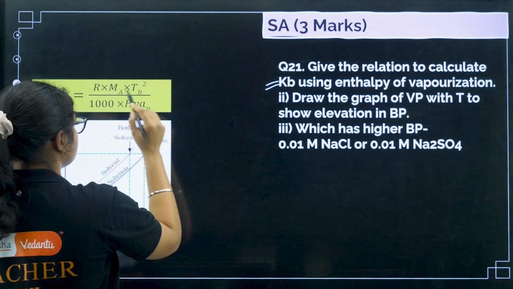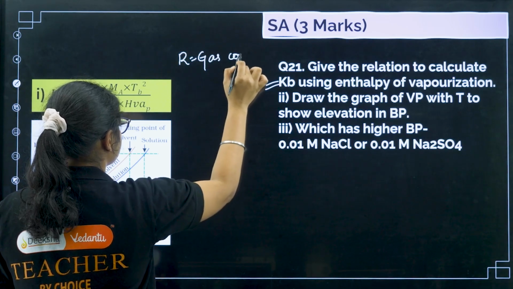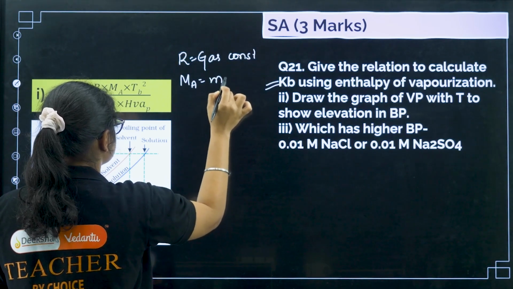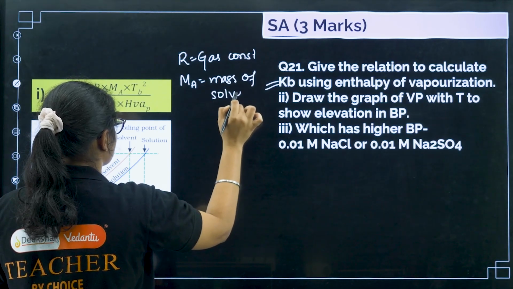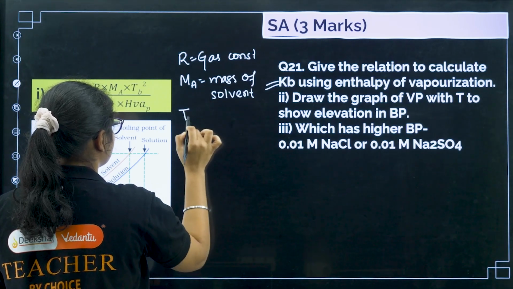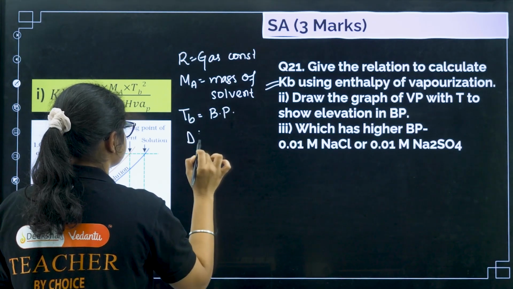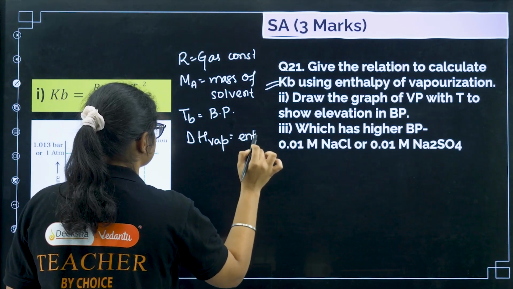So what are the terms here? R is the gas constant, Ma is the mass of the solvent, Tb is the boiling point of the solvent, and delta H vaporization is the enthalpy of vaporization.